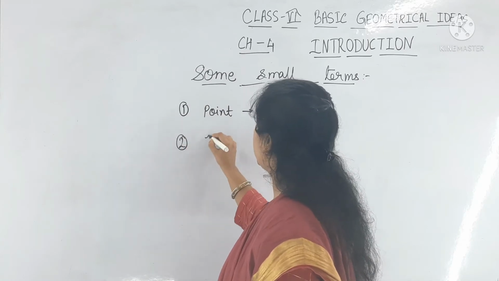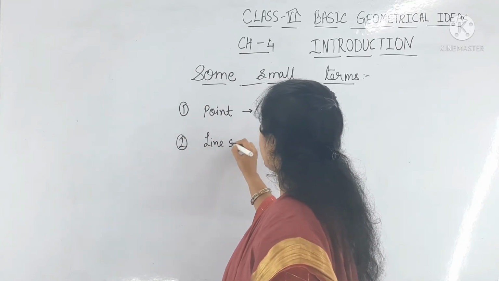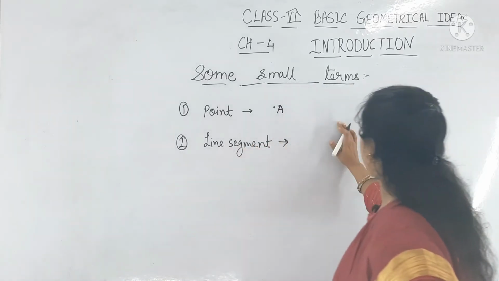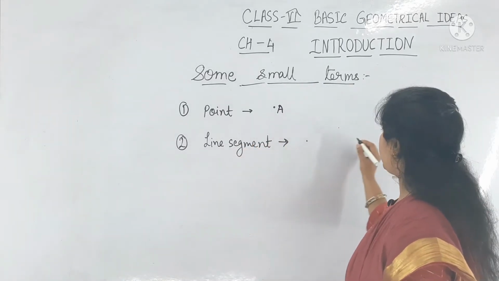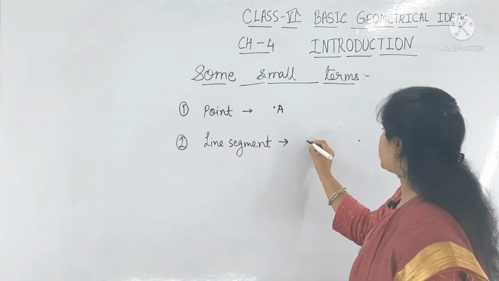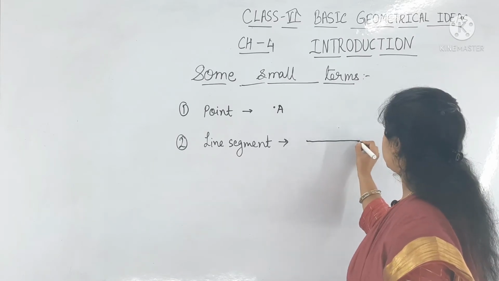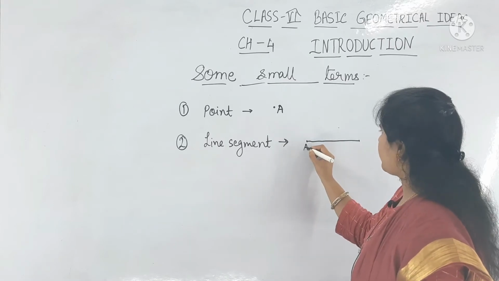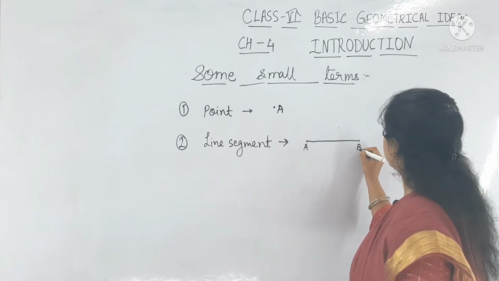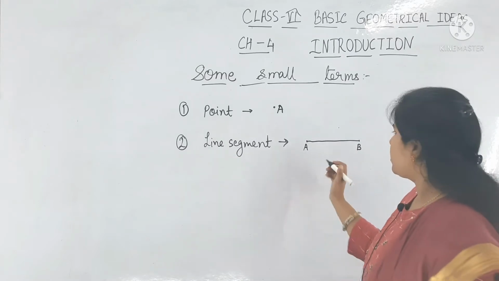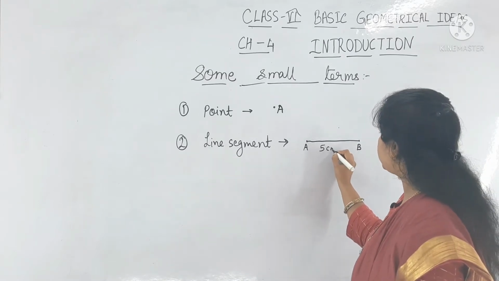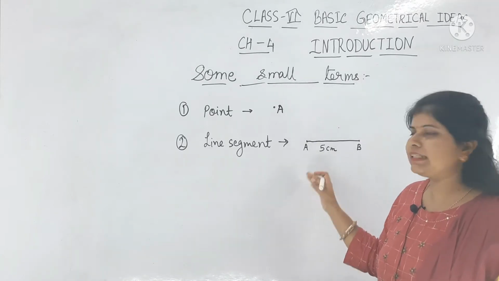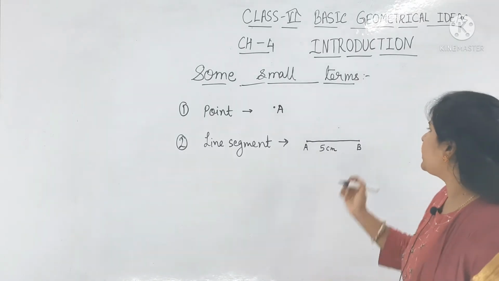Number 2 is line segment. Line segment we know. Okay, we have 2 points, 2 endpoints, and a line. This is a line segment. I am giving the name A and B. It is 5 centimeter. Like this we will show the line segment.